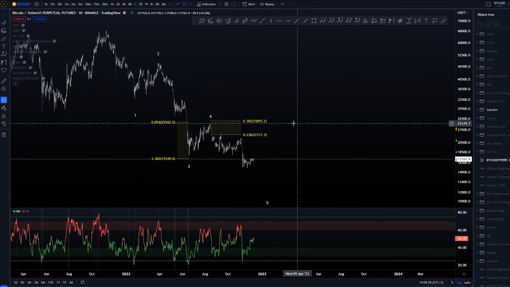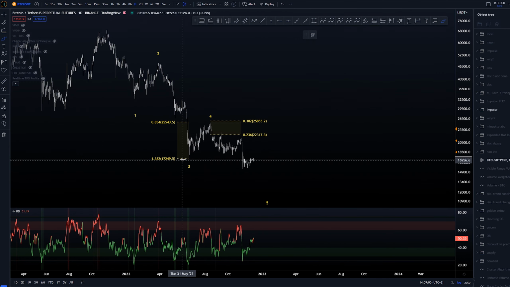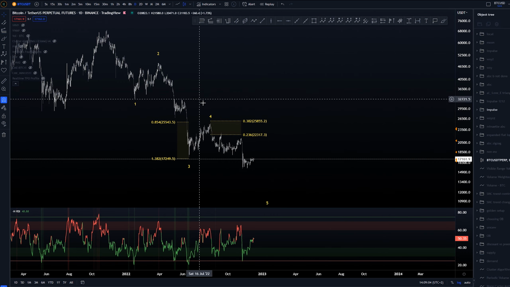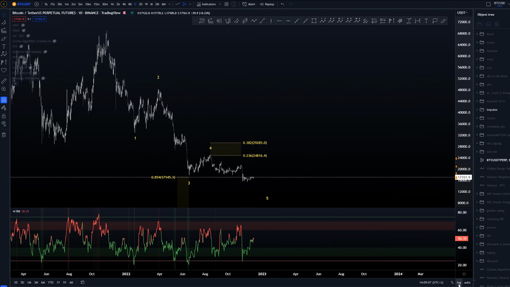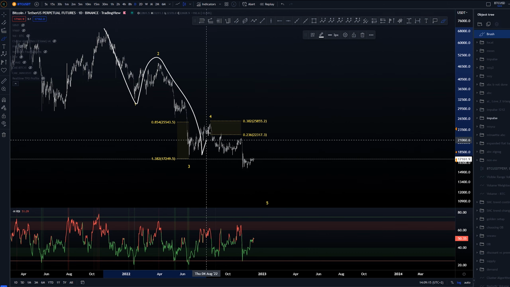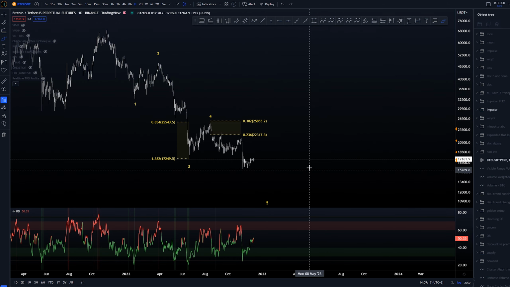Then we had some impulse wave counts here, where we again had issues with the extension targets. Again, this is not invalid, but I have issues with this just because it is not really looking like a 1, 2, 3 in terms of the fib extension targets. So in this one, we would have this as 1, 2, 3, 4, and then looking for a fifth here.